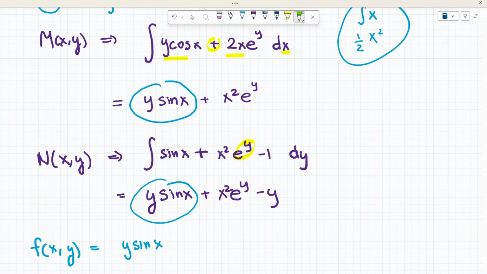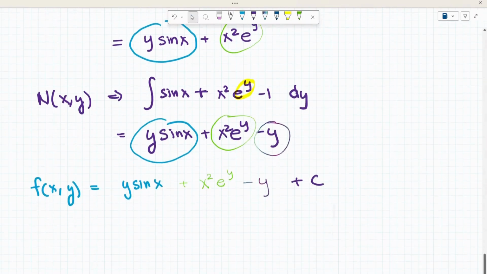And then we also have another repeated term here and here, so we're going to add plus x squared e to the y. And then we have the non-repeated term, so we're going to just add that as well, minus y. And like I said before, we have to always remember to add our integration constant because this is not a definite integral. And there you go.